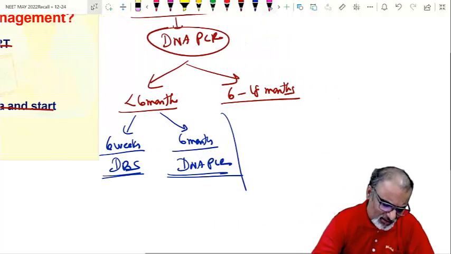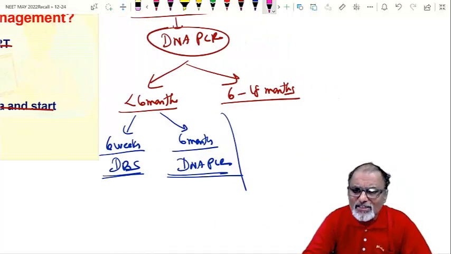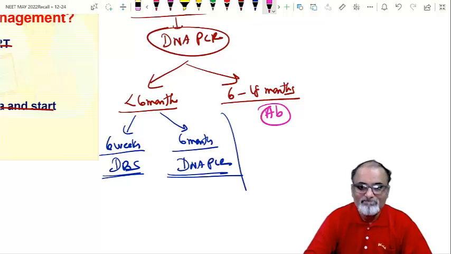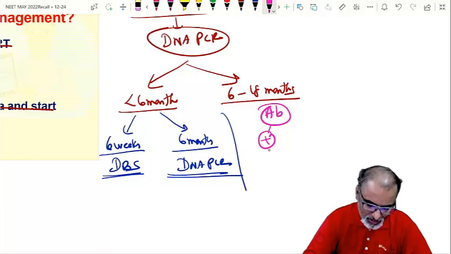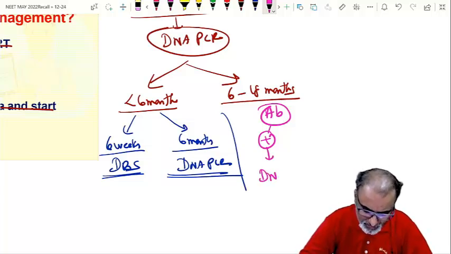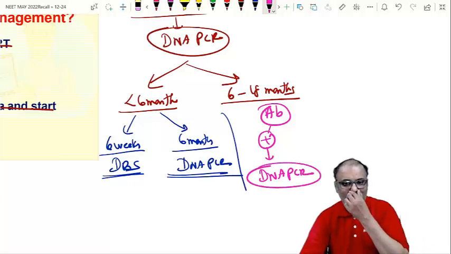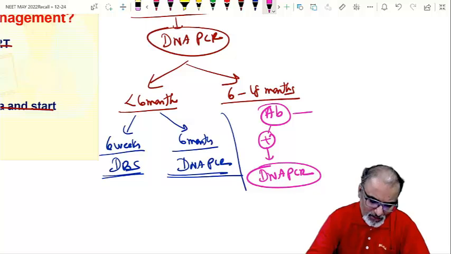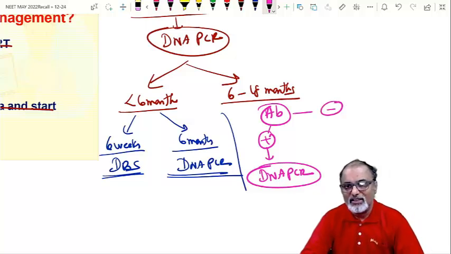Here, a little different scheme. For 6 to 18 months of age, do an antibody test. If the antibody test is positive, then go for DNA PCR. Got it? If antibody negative, no need to do anything.